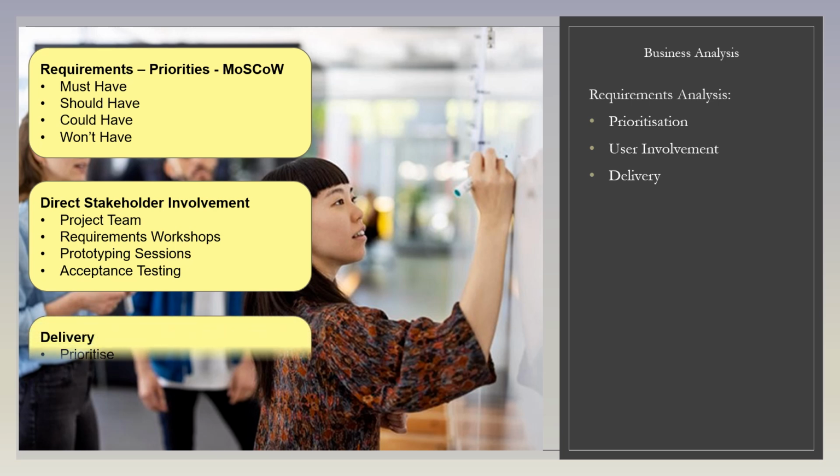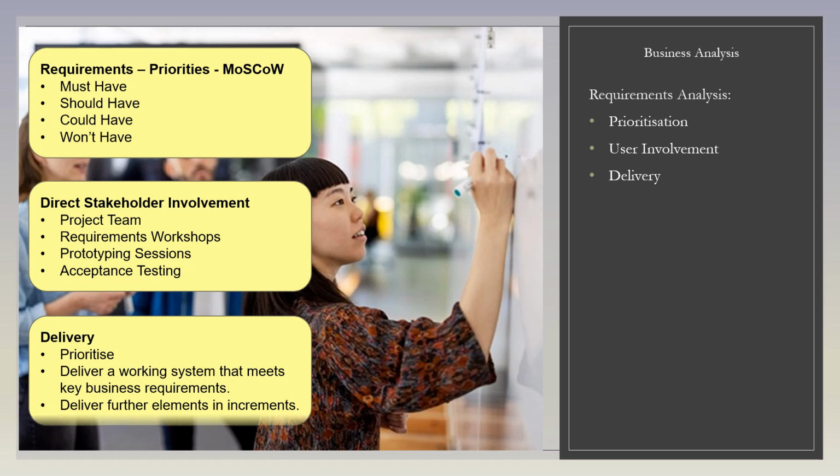And focus on delivery. You're not gathering and analysing requirements for the sake of it. Focus on delivery of a working system that meets business requirements, both functional and non-functional requirements.